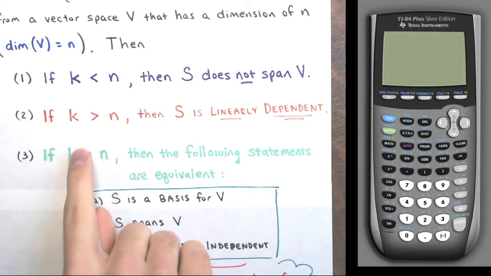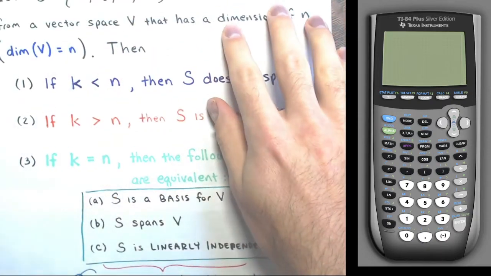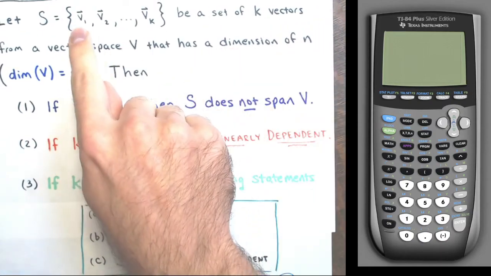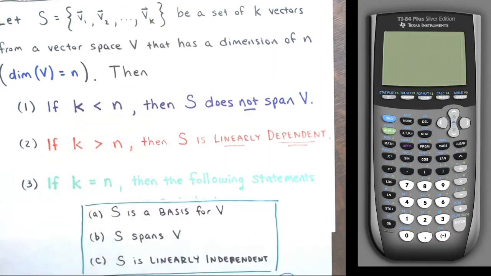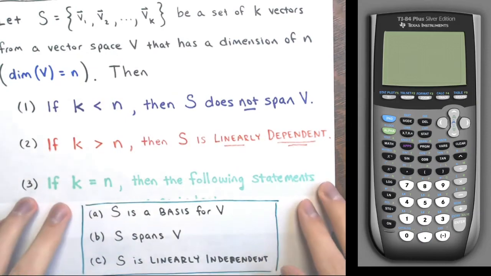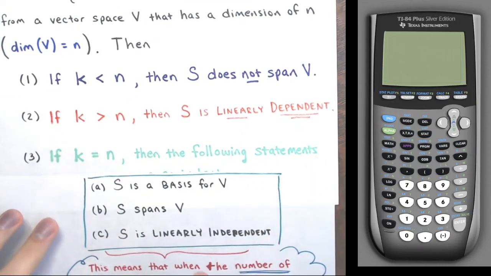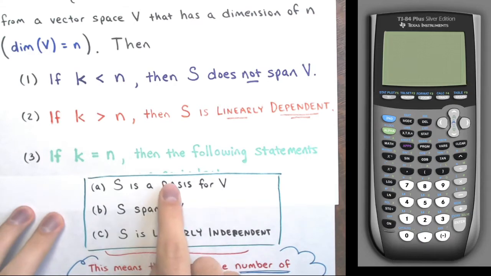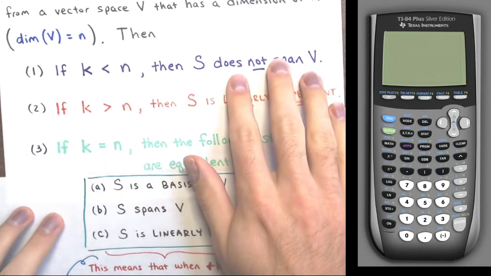So if this is the same number of vectors as in a basis, if there are n of these vectors, what that means is that we just need to show one of these to show all three of these are true. That's what it means for the statements to be equivalent.